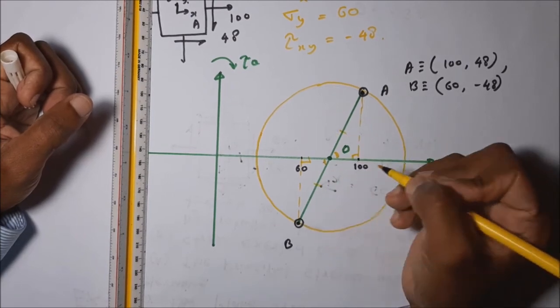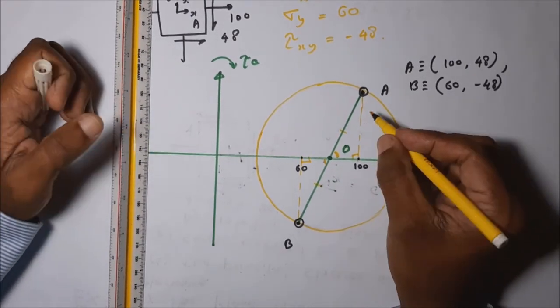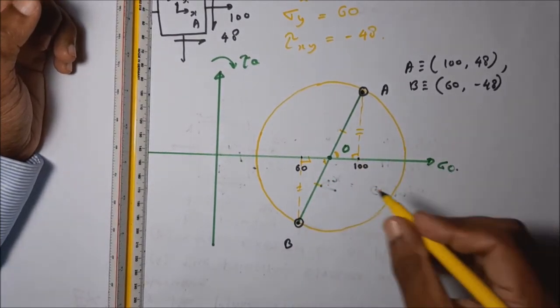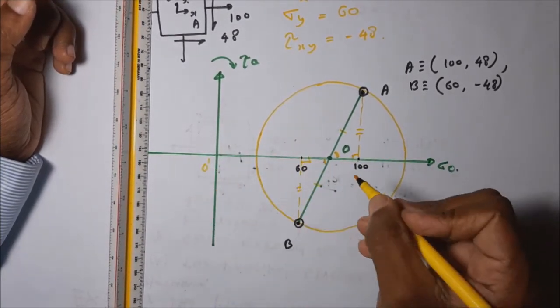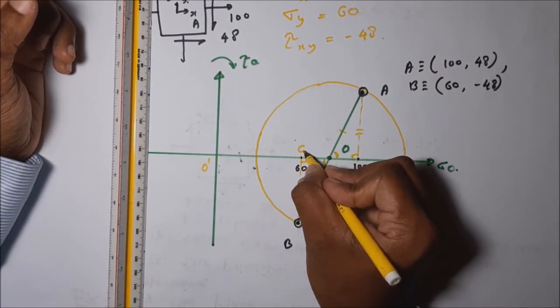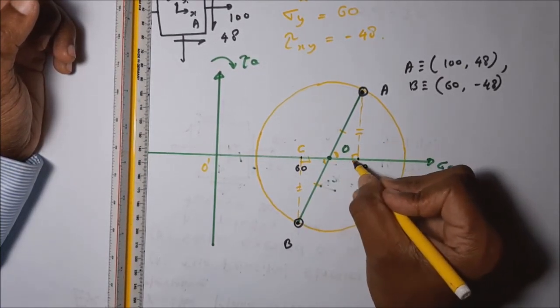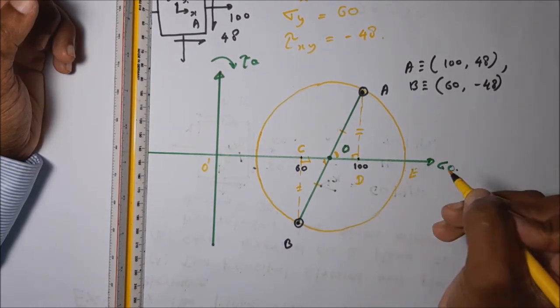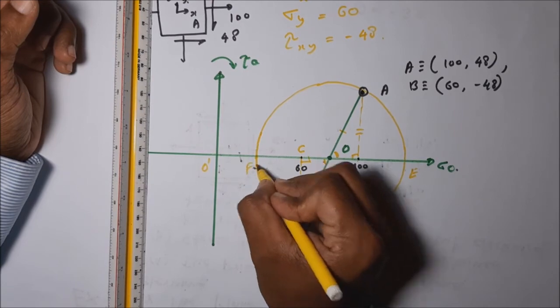Let's take this point as O dash, A and B, let's take this C, and let's take this point as F.